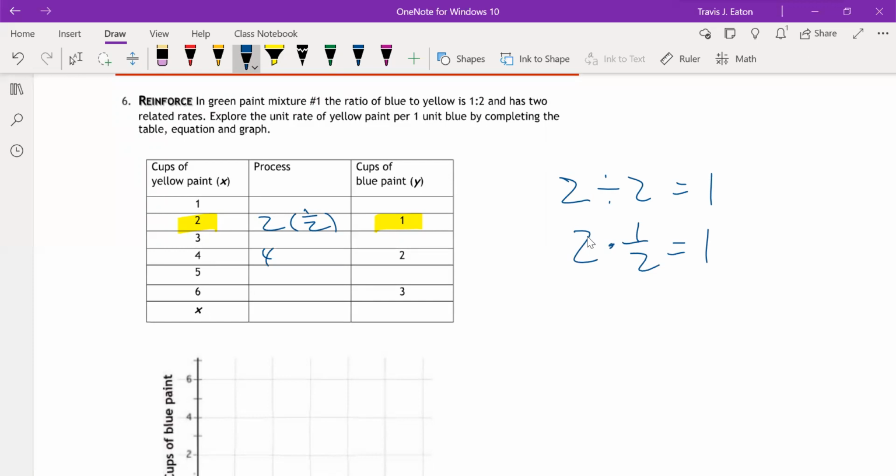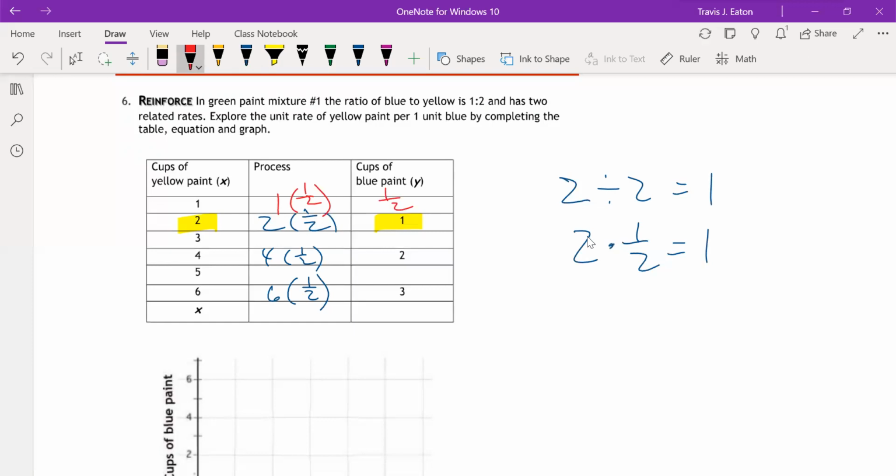Now, does that work for this one that was also given to us? Is 4 times 1/2 2? Absolutely it is. And let's look at this other one. 6 times 1/2 equals 3, doesn't it? 6 times 1/2, 6 divided by 2. All right. So if I have 1 cup of yellow paint, then that would be 1 times 1/2, which would be 1/2.